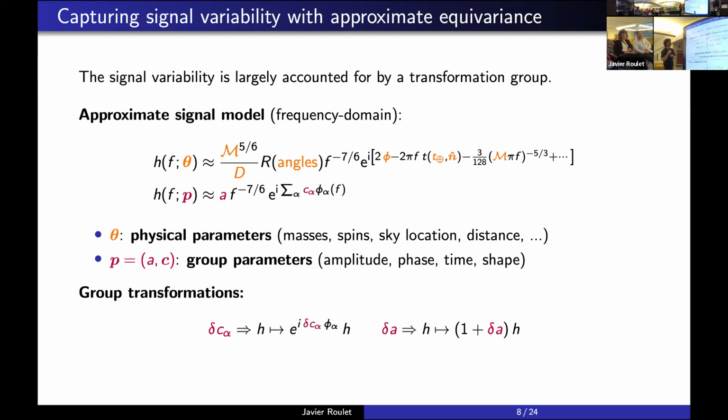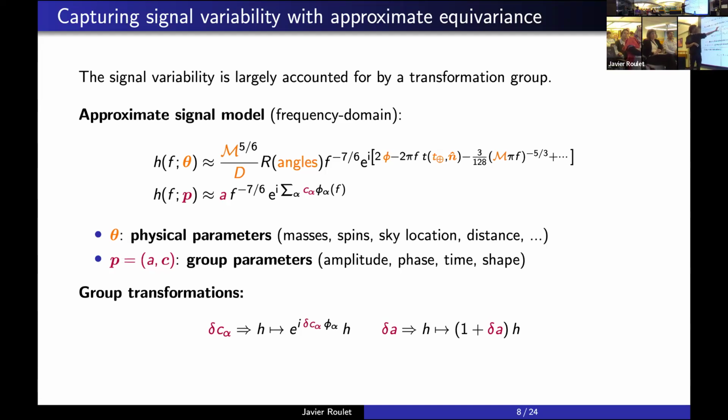So here, this is the most technical slide, I suppose, but we can do a simple analytical approximate model for what the signal is. And this will also help our intuition. Remember, theta are the physical parameters, and this is the waveform shape in the frequency domain.